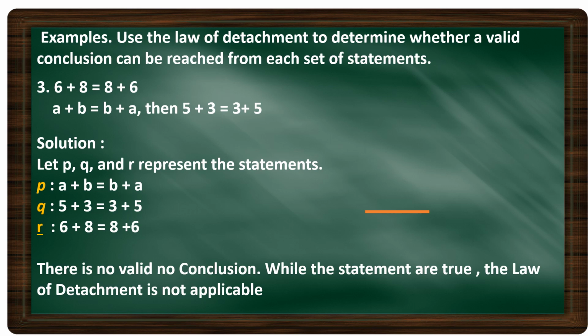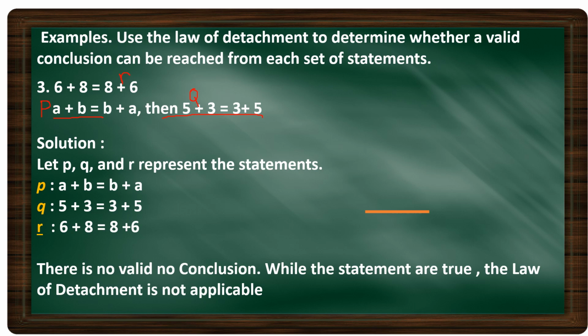This is your hypothesis. Then we have 5 + 3 = 3 + 5. This is your conclusion. This is your P, remember. When there is a "then," that is your Q. What is this other statement? That would be the other part of your statement, that is your R. So remember, our statement is being represented by a conclusion and a hypothesis of this given problem.